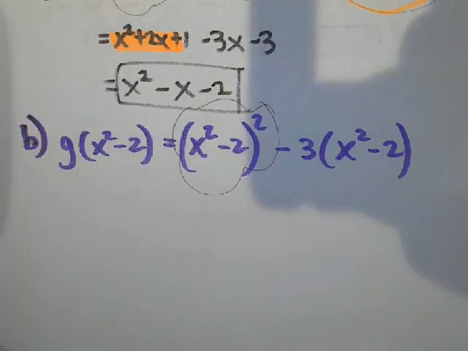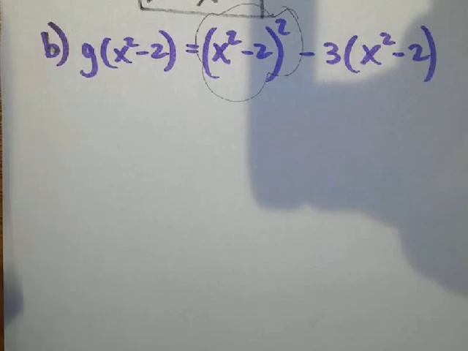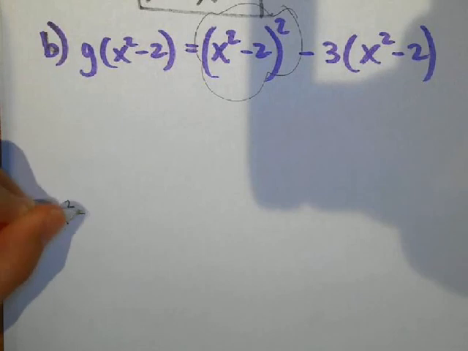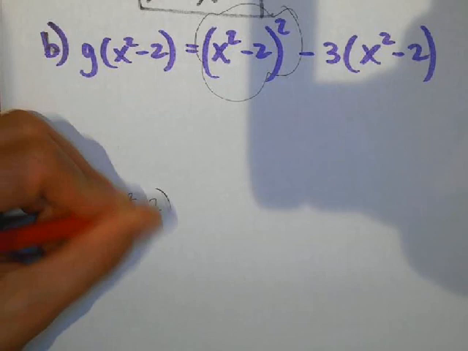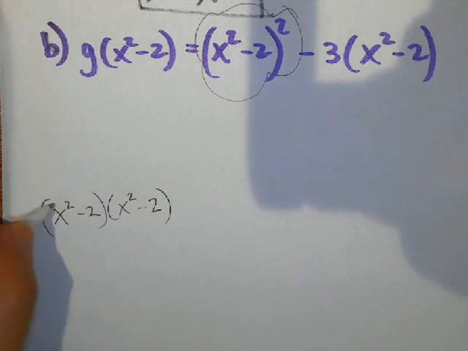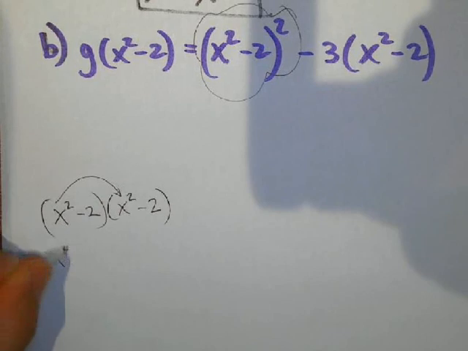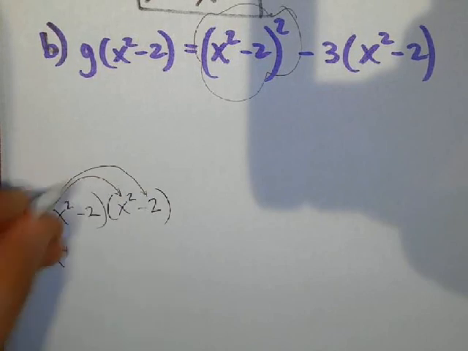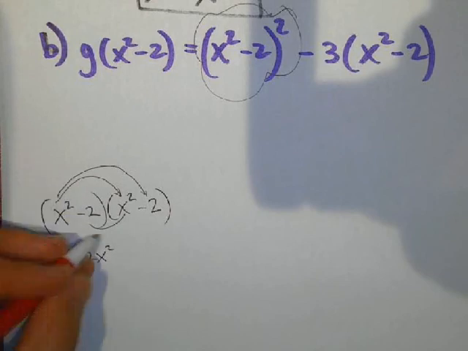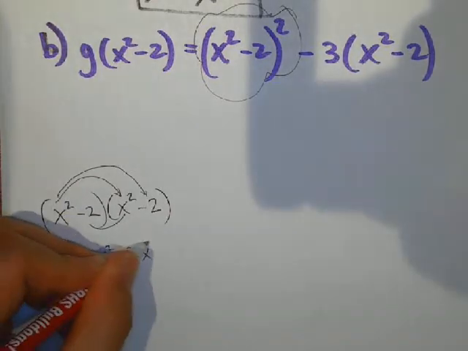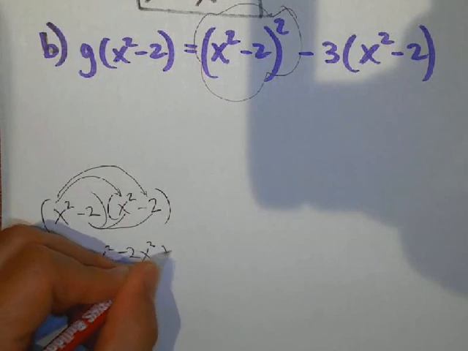So I'll do it down here. Okay, so we have x squared minus 2 times x squared minus 2. If I FOIL that, x squared times x squared gives me x to the 4th. X squared times negative 2 gives me negative 2x squared. Negative 2 times x squared gives me negative 2x squared. Negative 2 times negative 2 is plus 4.